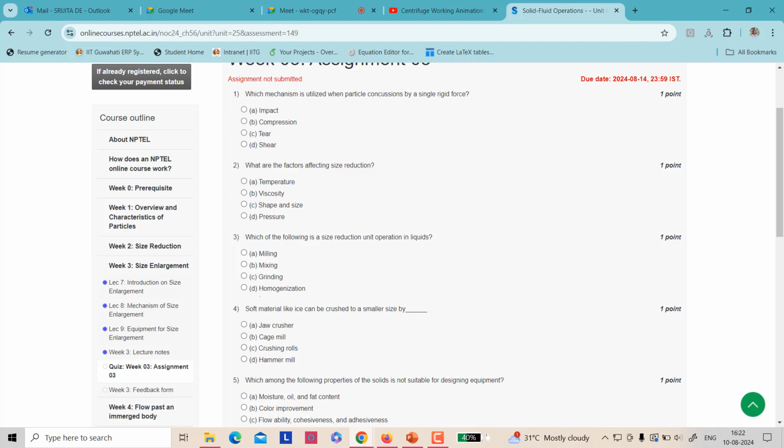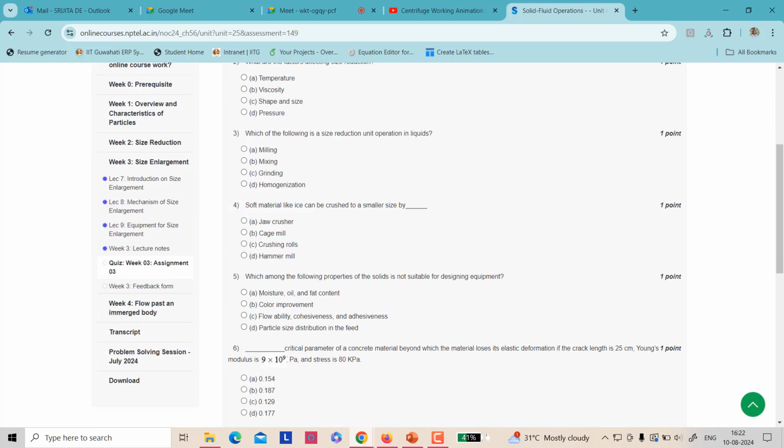This answer is homogenization. Fourth is: soft material like ice can be crushed to smaller size by. This answer is hammer mill. I am not sure, but it should be hammer mill actually.